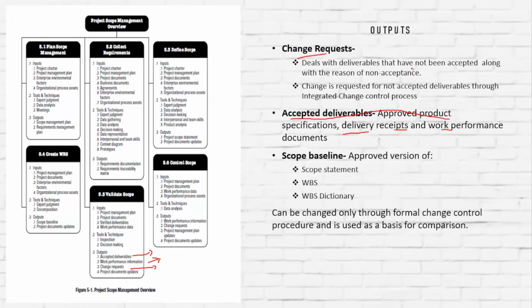The project team needs to document which of the deliverables have not been accepted and why. Then to rectify that, a change is requested through the integrated change control process. I will ask the manufacturing team to redo the packaging of these 10 chocolates. Whatever is to be done, it is supposed to go through the formal change control process.